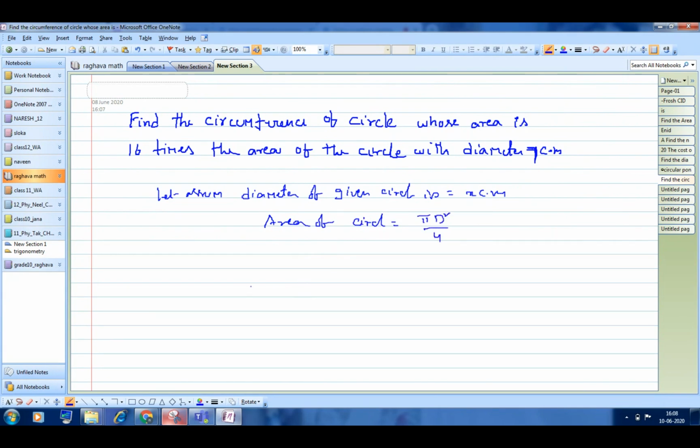The given data says the area of the circle is 16 times the area of the circle where the diameter is 7 centimeter. So pi x square by 4 will be equal to 16 times pi 7 square by 4.